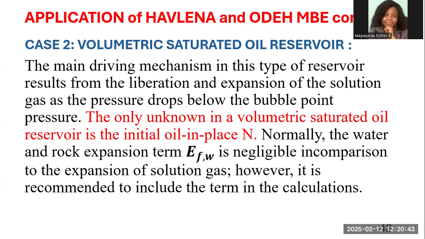Remember your CG, which is far, far higher, and your CF and your CW is far lower, okay? But it is recommended to be included because it is not a fully gas reservoir. It is still an oil reservoir, just that it is volumetric, but the oil reservoir is saturated. And that's why EFW should still be added to this system.